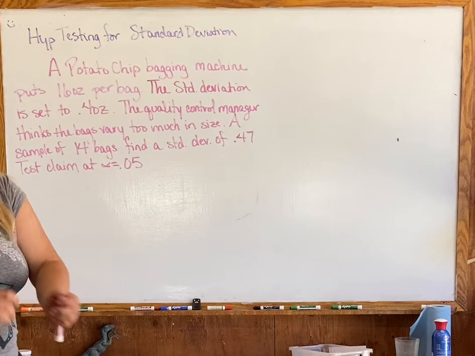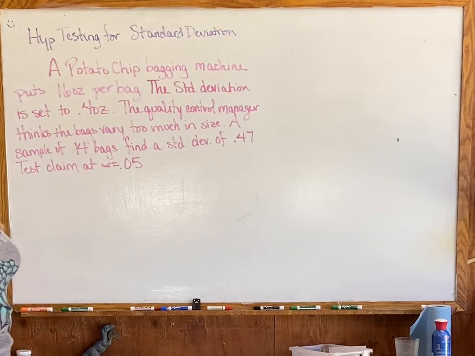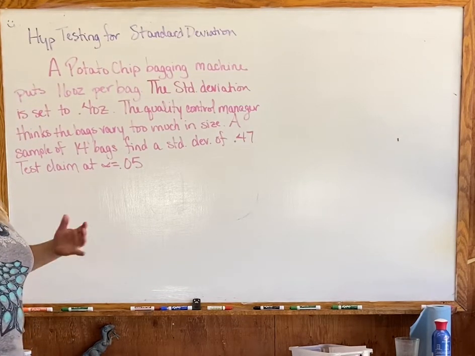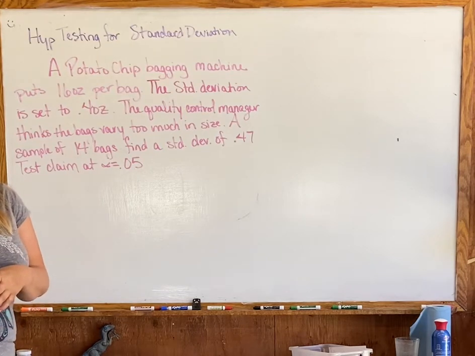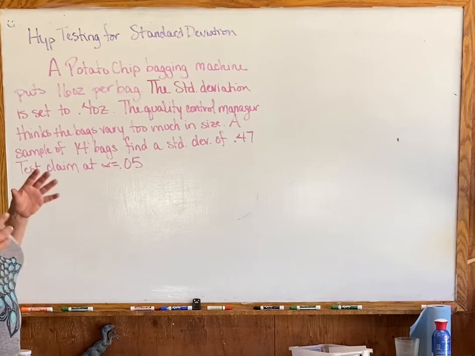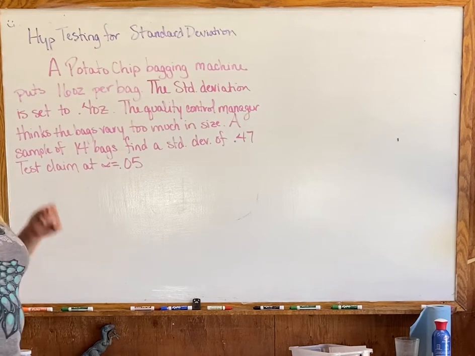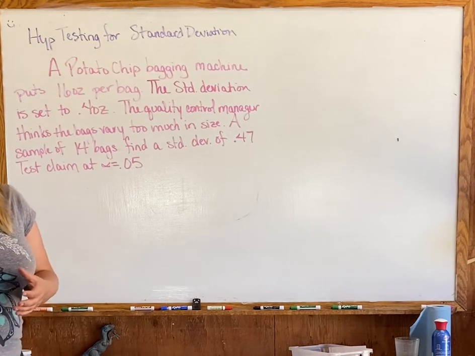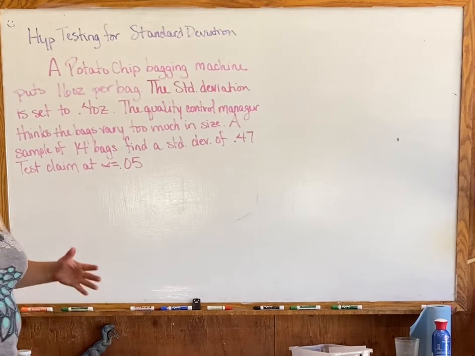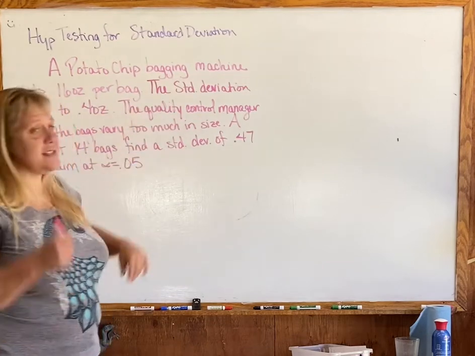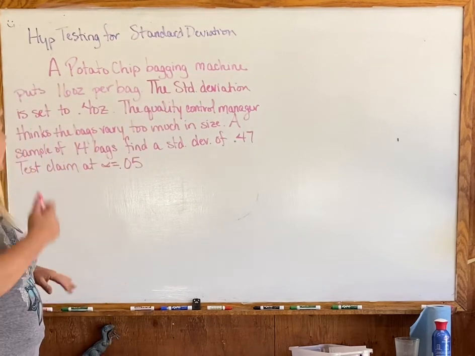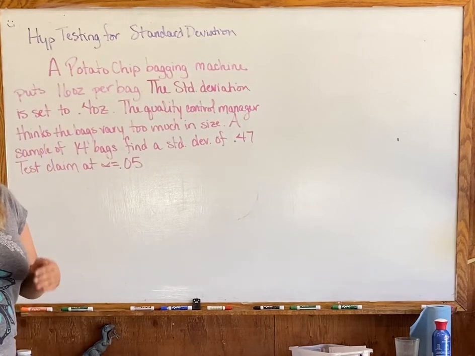Okay, so as I said, a bit more technical in this problem than what we're used to seeing. So we're talking about bagging potato chips, and the potato chip bagging machine is set to put 16 ounces per bag. But like we said, that doesn't mean that every single bag is going to be exactly 16 ounces. This is real life. It just isn't going to happen. So it said that the standard deviation is set to 0.4 of an ounce.